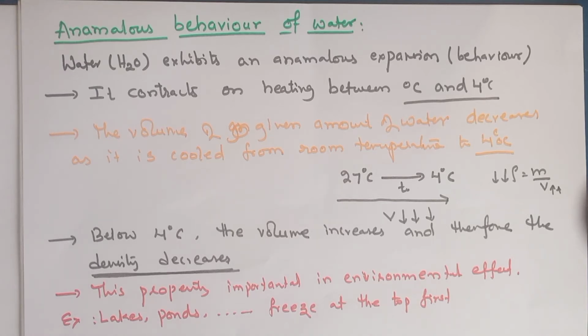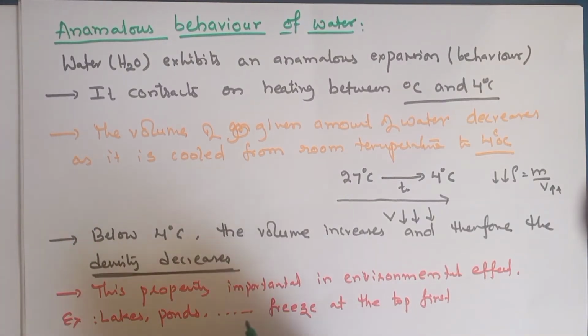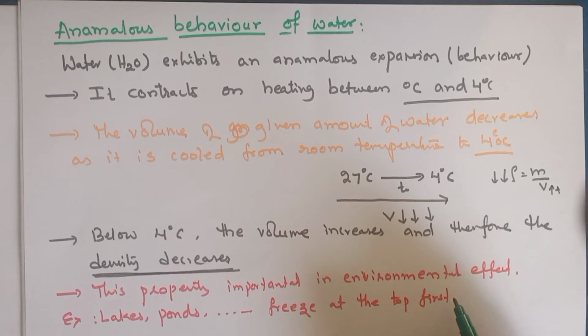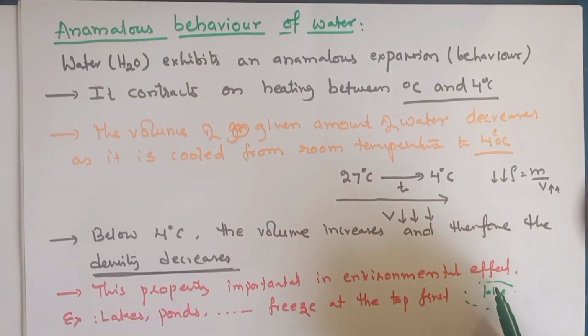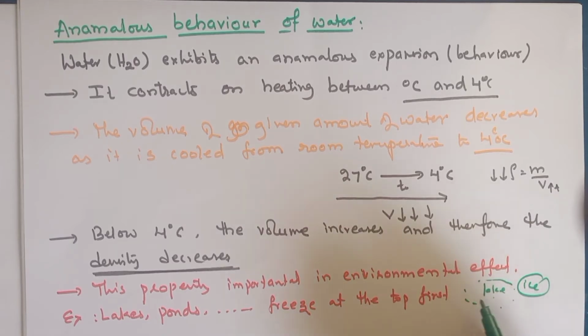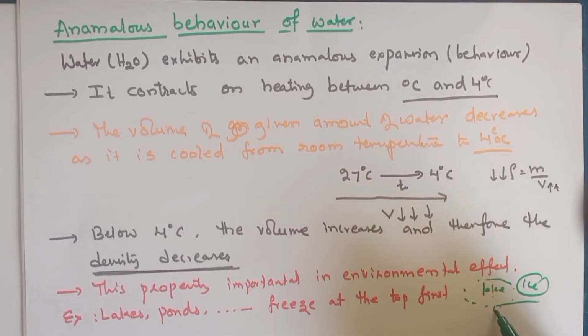Only the upper layer becomes icy, so that the lower water can be protected. If this property did not exist, what would happen? The lake and all its water would become an icy surface. Inside the lake there are animals and fishes. They would be destroyed, they would die, because the complete water would become ice. So only the top layer becomes icy, and the lower layer remains water.